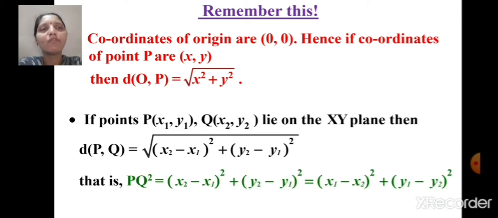Then if you square both sides, the square root sign will go away. So you will write PQ square is equal to (x2 minus x1) whole square plus (y2 minus y1) whole square. It can also be written as (x1 minus x2) whole square plus (y1 minus y2) whole square.